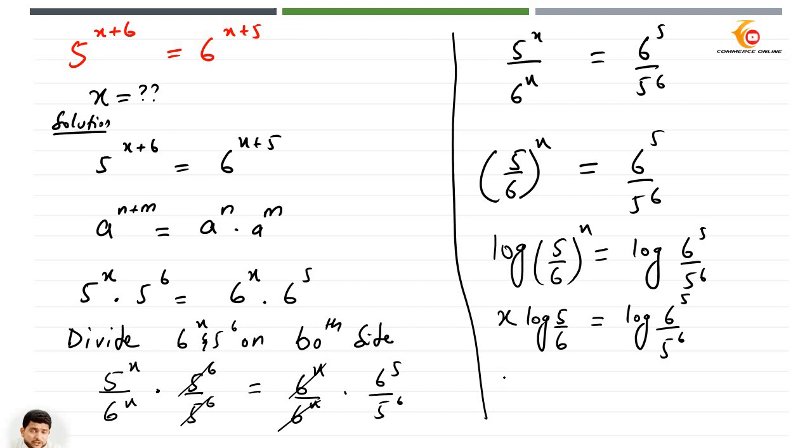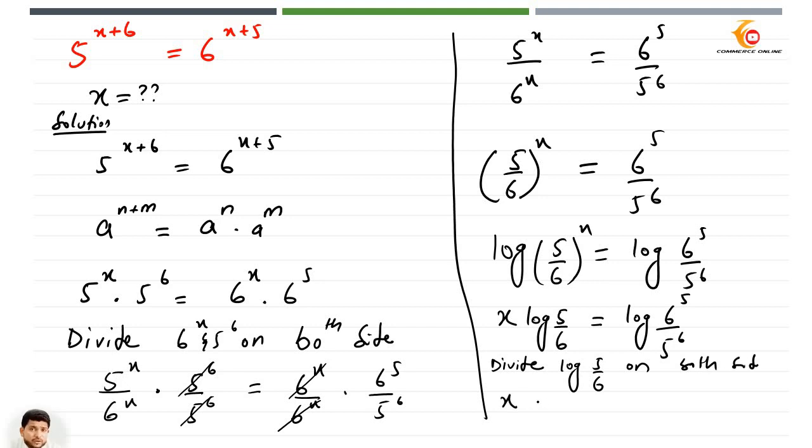And now as we know, when we take log, we just calculate the value of log with that, but first we divide by log 5/6 on both sides.